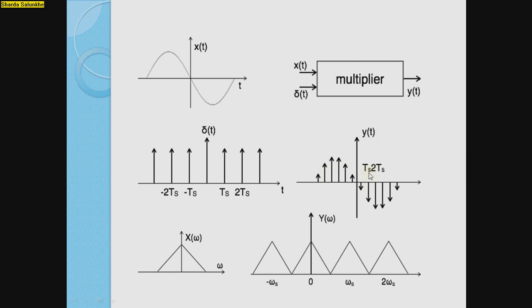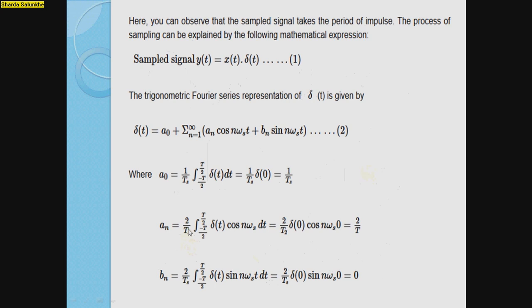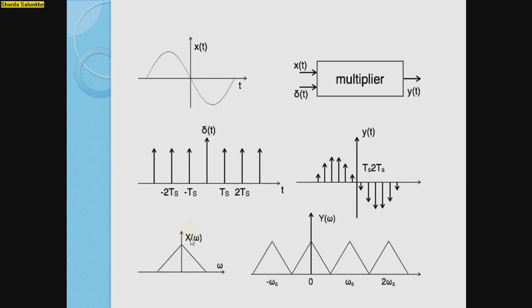So that is Ts, one sample period. The spectrum of x of t is X of omega, and the spectrum of y of t is Y of omega.